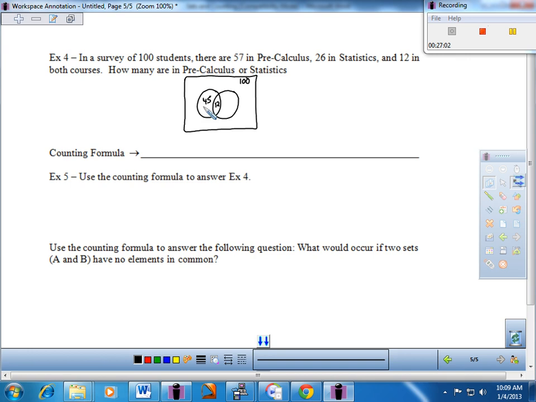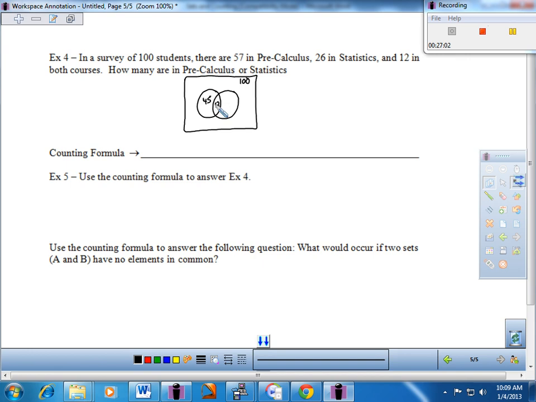But notice, that's why the visual Venn diagram is so good, because you see that would be incorrect. I don't want to include people twice. That's the key. And so now, look at that circle, everybody. I have 57 students in that circle. 45 just taking pre-calc, and 12 taking the other class also.